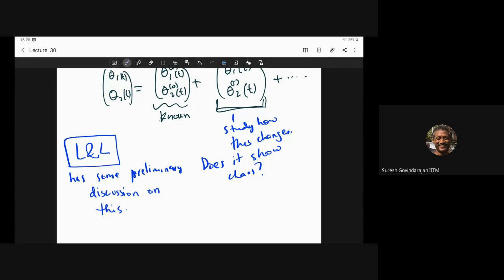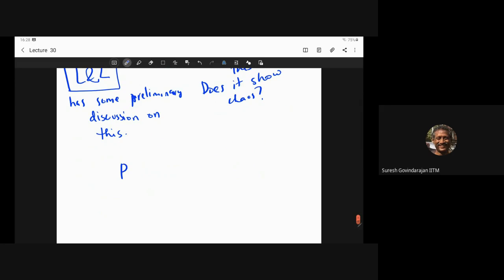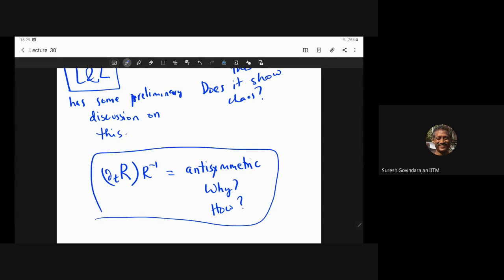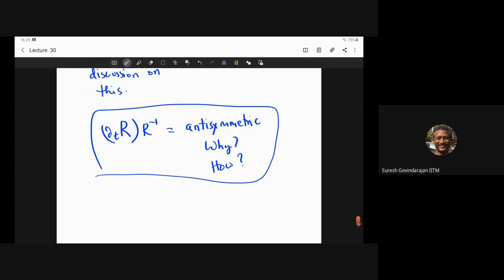So, for instance, we saw last time that R transpose, R inverse was antisymmetric. Why or how? Okay. So this is a very beautiful structure.